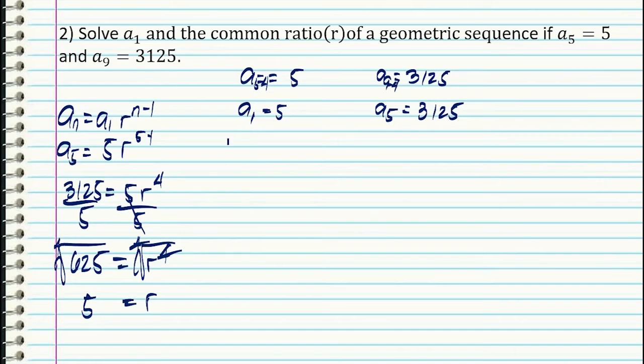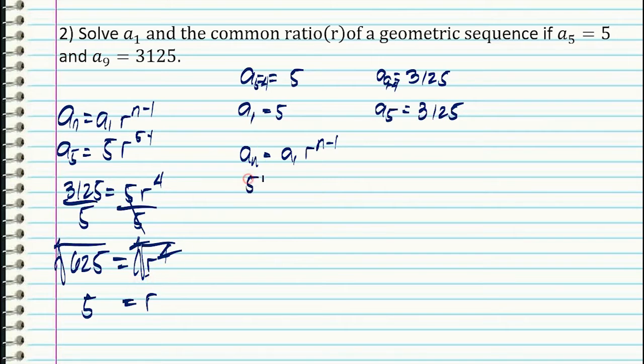Now, to solve a sub 1, we have two options. The first option is using the formula again, a sub n equals a sub 1 times r to the n minus 1. So we will use 5 as our last term, which is a sub n, since this is the smallest number and we already solved the common ratio.